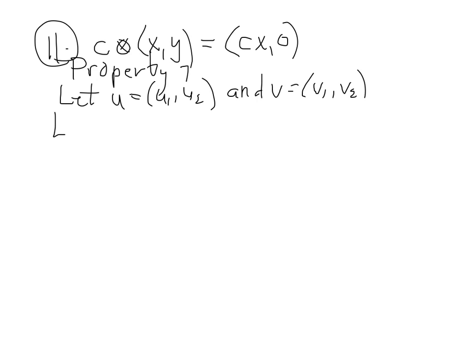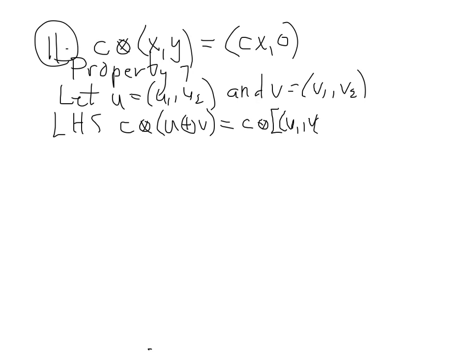So on our left-hand side, we have C circle times U plus V, and that will simply be equal to C. I'll just do the substitution here.